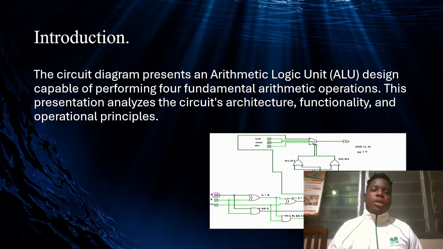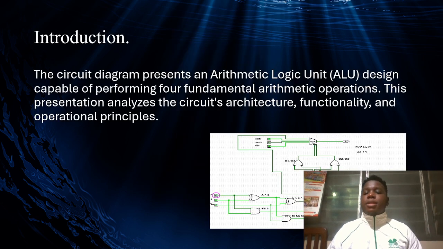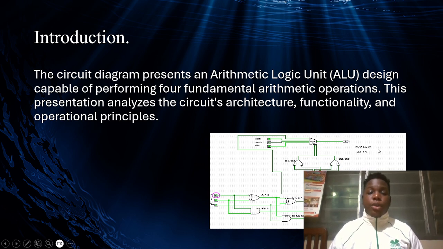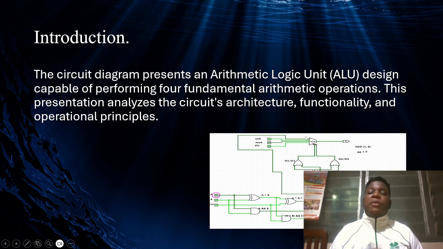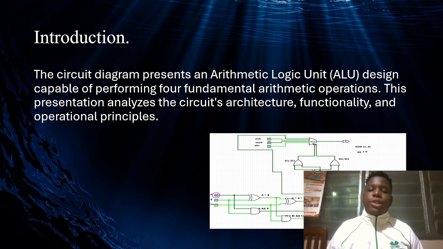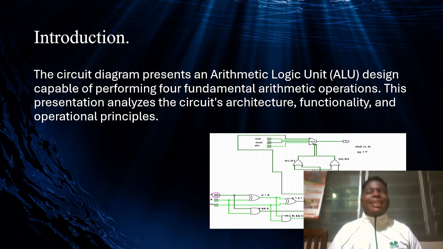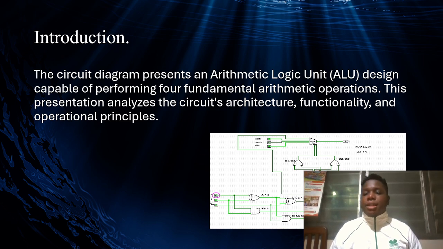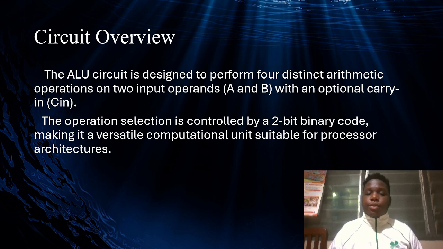So we're given this circuit diagram below here. It shows an arithmetic logic unit design, okay, capable of performing four fundamental arithmetic operations. This presentation analyzes the circuit's architecture, functionality, and operational principles.